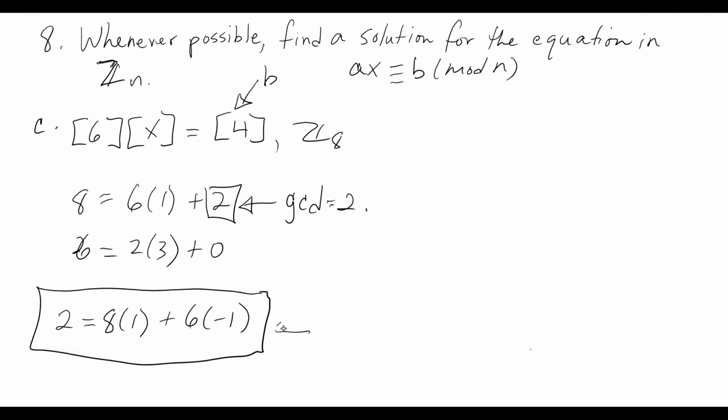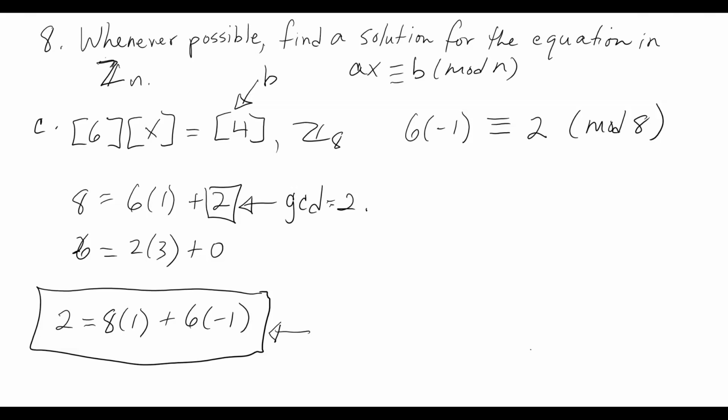From this equation here, we can write 6 times negative 1 is congruent to 2 mod 8. Well, this is close to where we want to go. We're looking for 6 times x equals 4. Well, we have 6 times negative 1 equals 2.